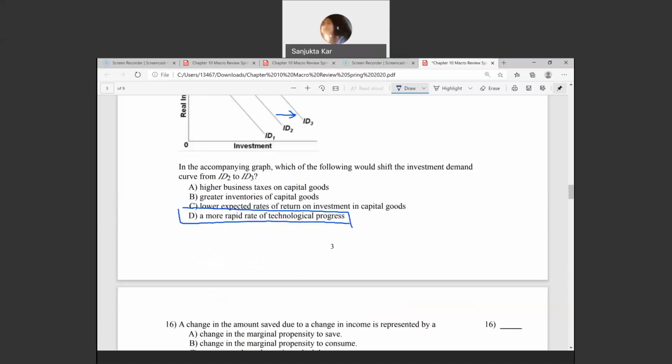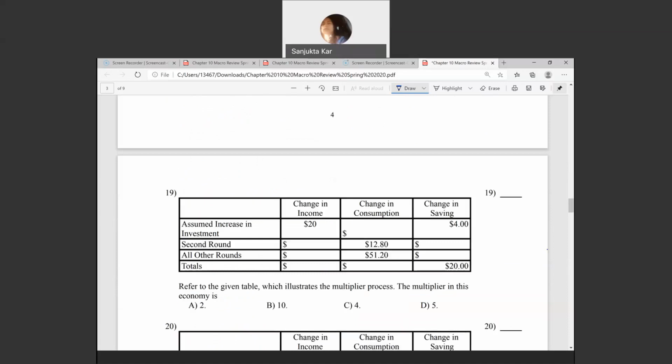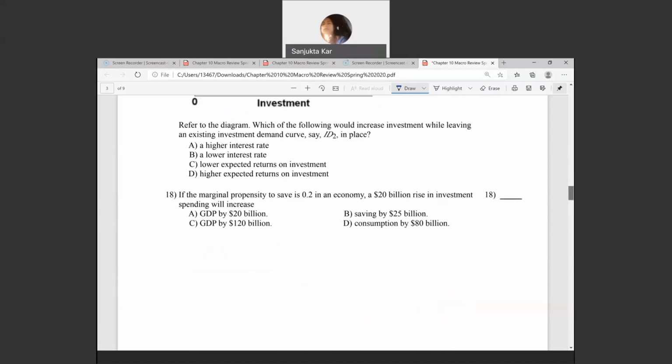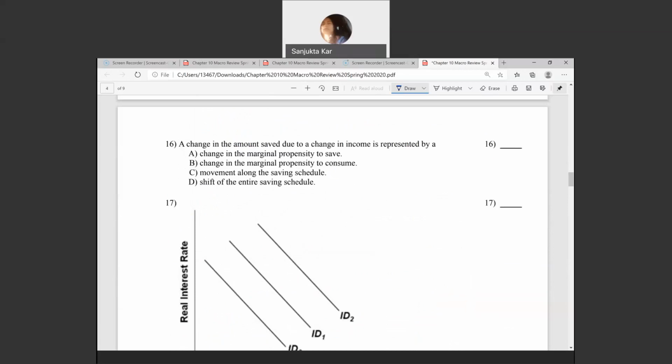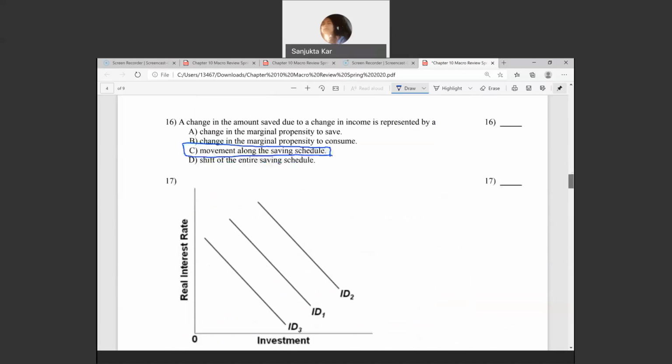Okay, going down here. Oops, I just went down a lot. Okay, question number 16. A change in amount saved due to a change in income is shown by a movement along the savings schedule.